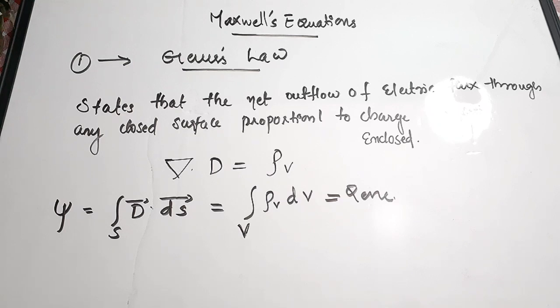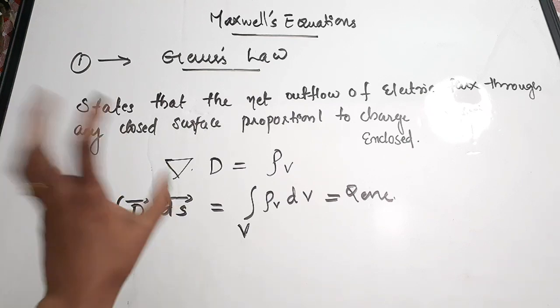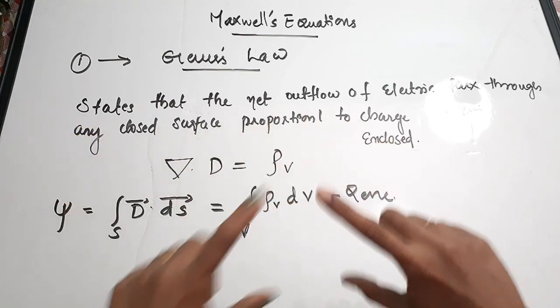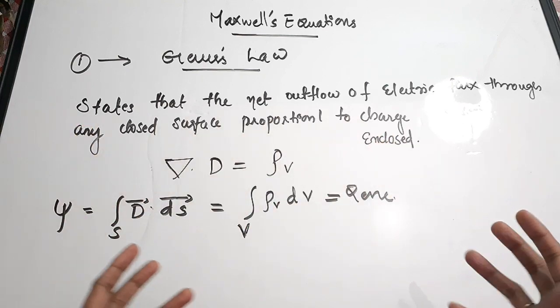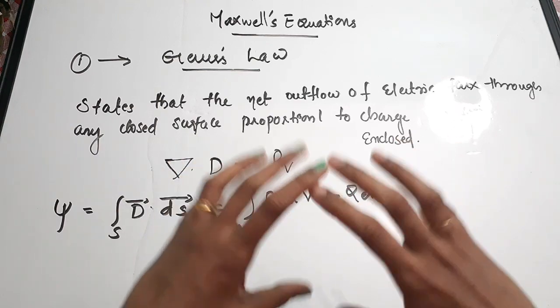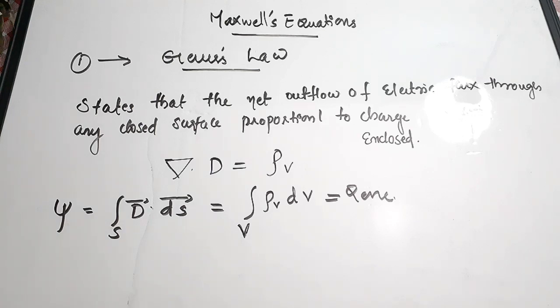The nutshell of Gauss's law is that the total flux will equal the total charge enclosed in that volume. If you consider a volume with some net flux coming out of it, it will equal the charge enclosed in that volume. That is the concept.